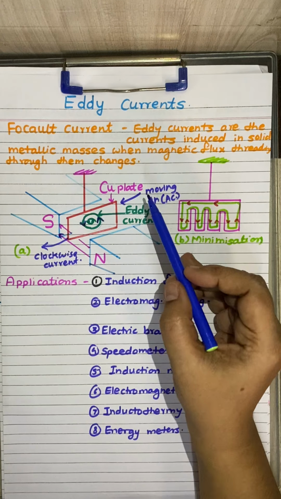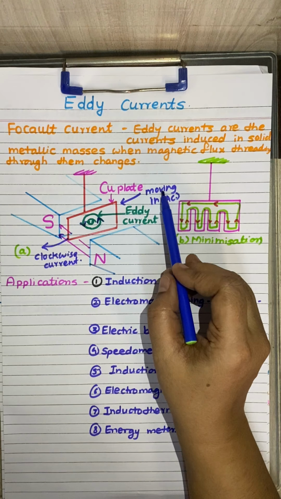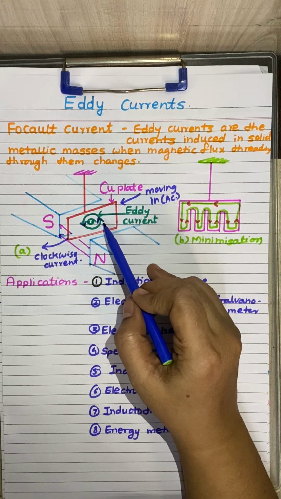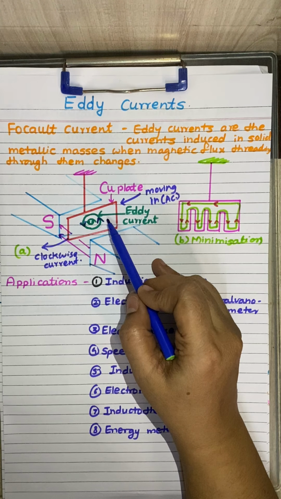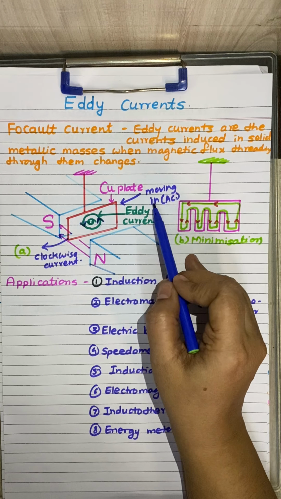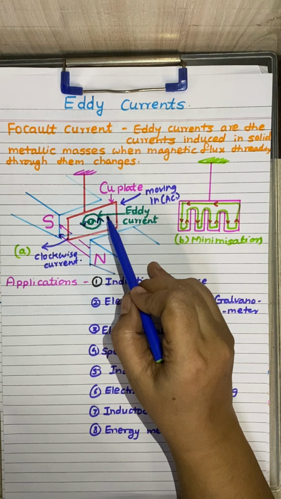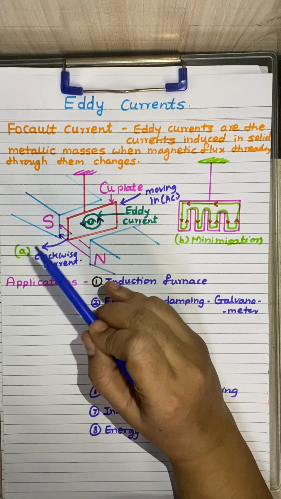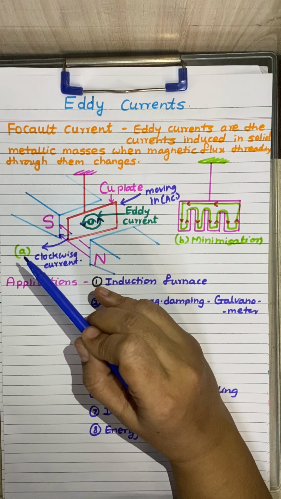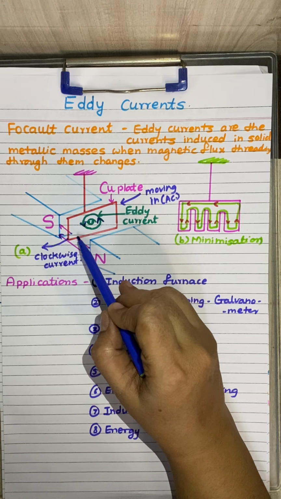So mainly, you have to keep in mind that whenever the plate moves in, the flux goes on increasing, and to oppose the increase in the flux, the direction of the induced current is anti-clockwise. Once the plate goes out of the magnetic field, the flux goes on reducing.